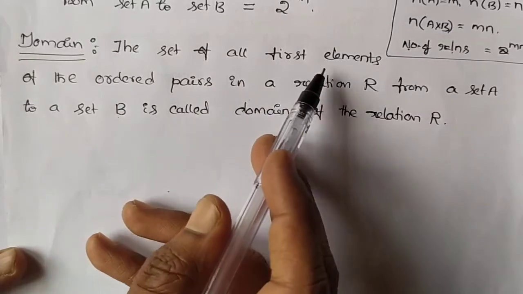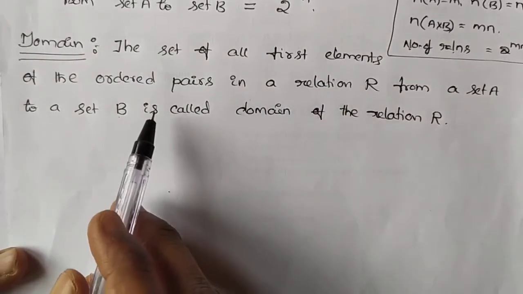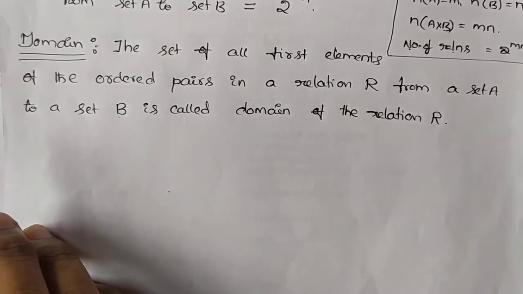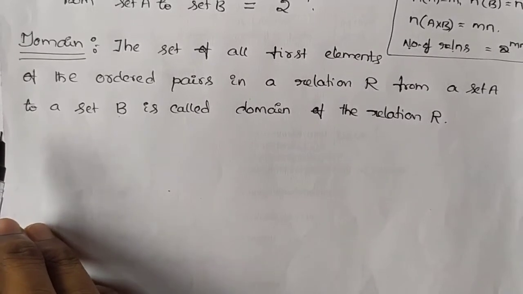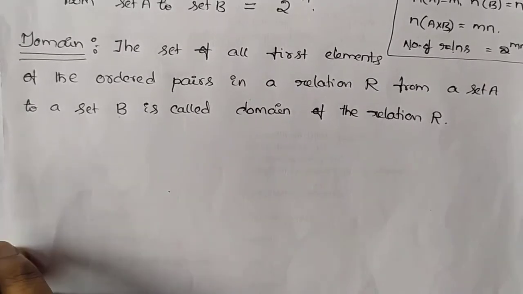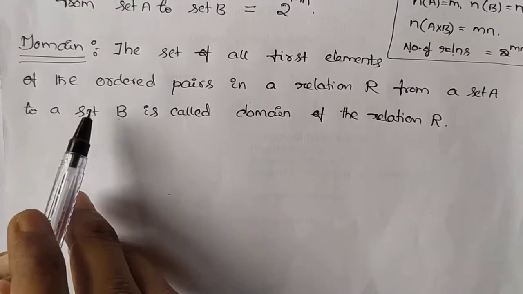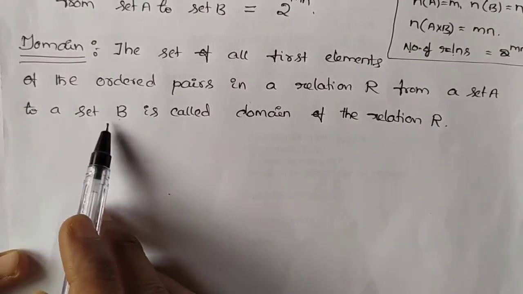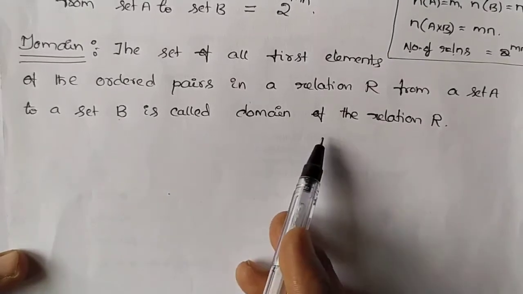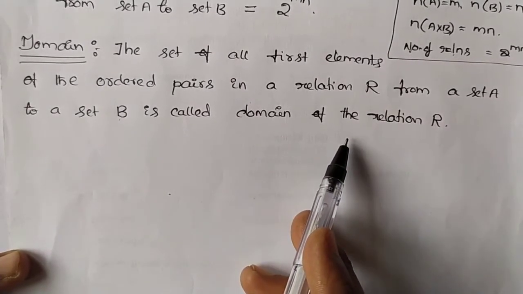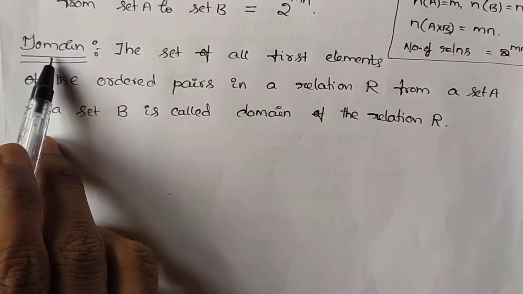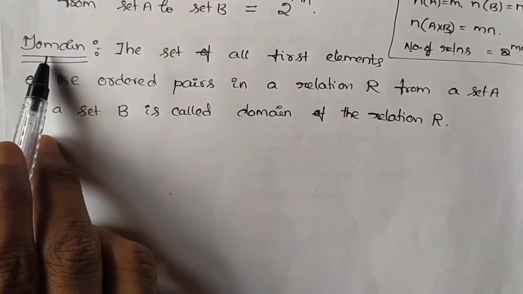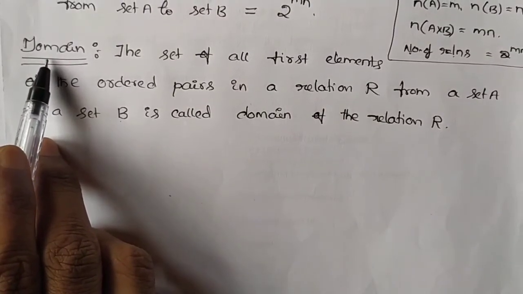The set of all the first elements, we know that the first element and the second elements of the ordered pair. The set of all the first elements of the ordered pairs in a relation R from a set A to a set B is called the domain of the relation R. It is a definition of the domain.